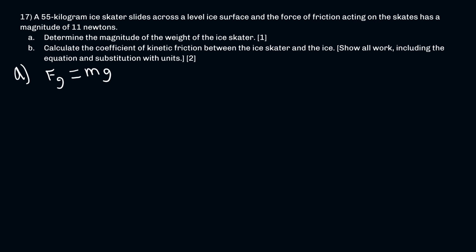Alright, so now we're going to plug in what we have. In the question, it gives me 55 kilograms, so the mass is equal to 55 kg. My acceleration due to gravity g is on the front page of the reference table. That is 9.81 meters per second squared.